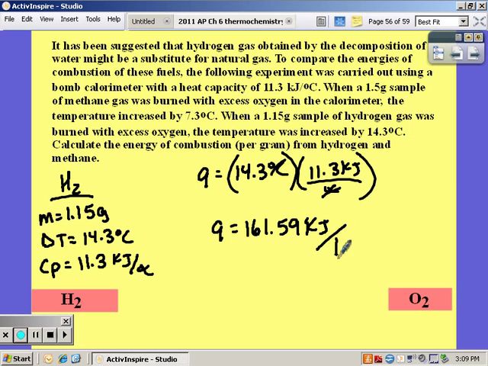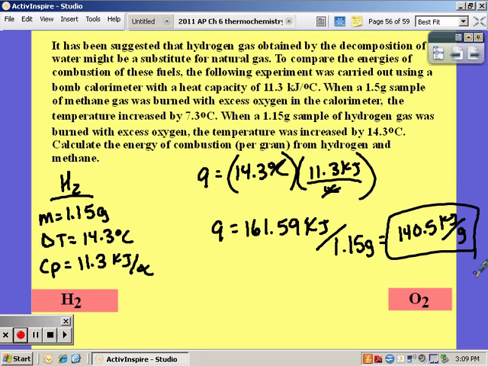Divide that by our mass of hydrogen, and you get 140.5 or 141 kilojoules per gram. Always pay attention to the units that it wants its answer in.